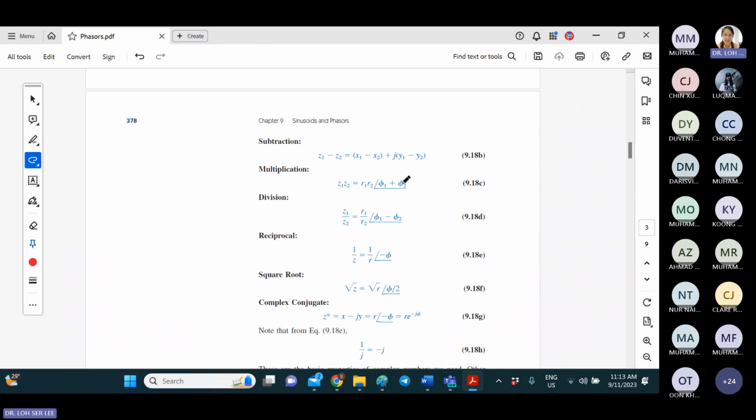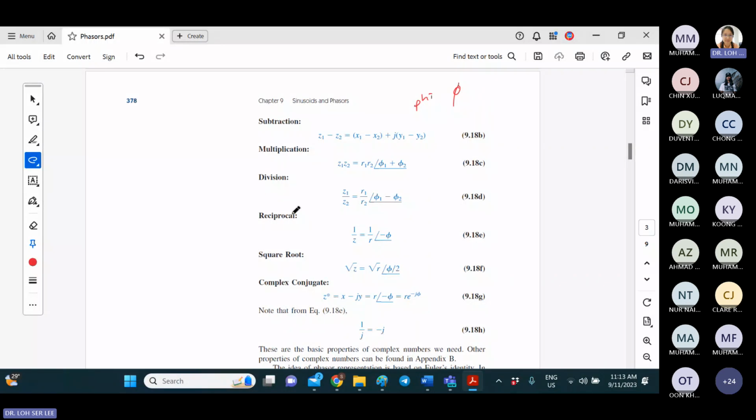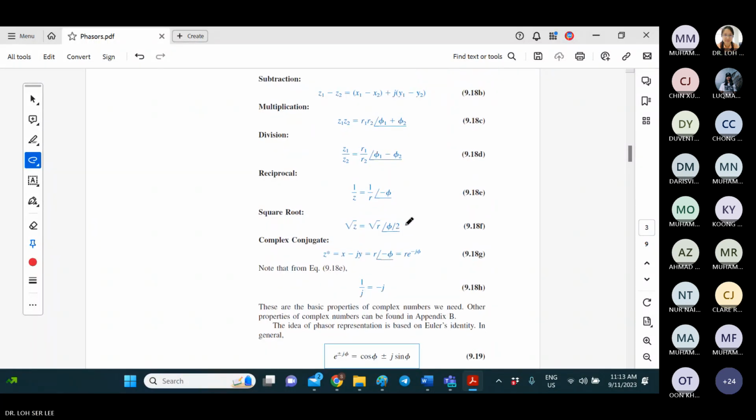We sum up the data, but the data here use the phi, something like a fishball. For division, this is the formula you are going to use. For reciprocal, we use this formula. Square root and complex conjugate, we use this.